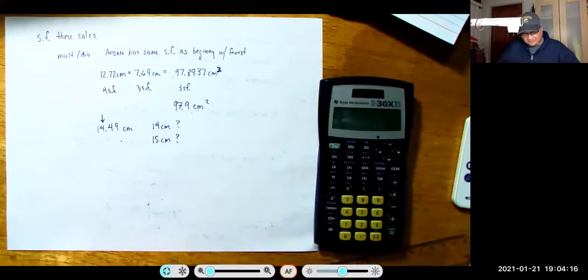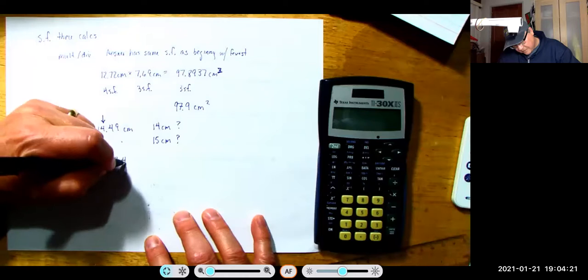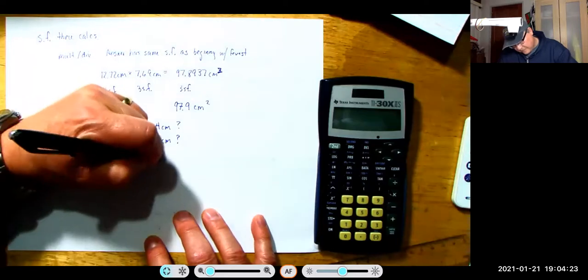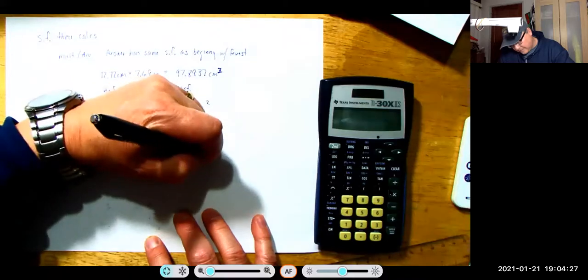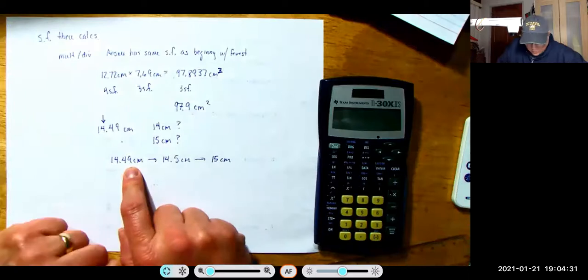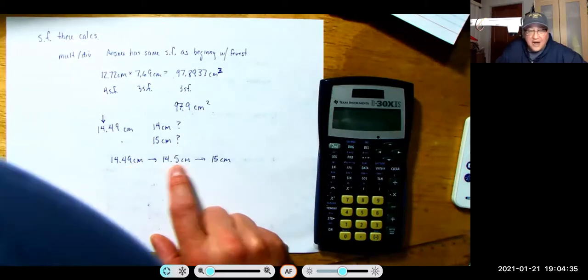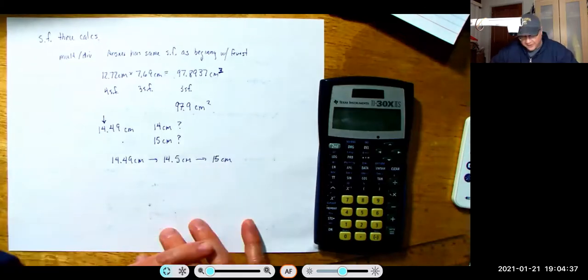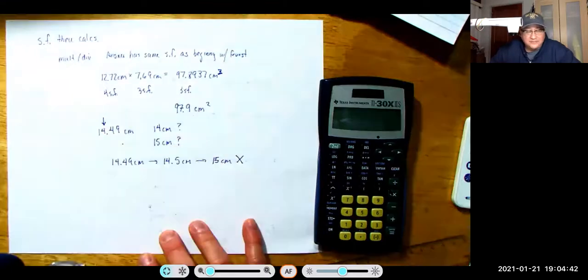Okay, so here we go. The 9 turns the 4 into a 5, and the 5 turns the 4 into a 5, so you round it to 15 centimeters. If this is what you did, it is absolutely wrong.